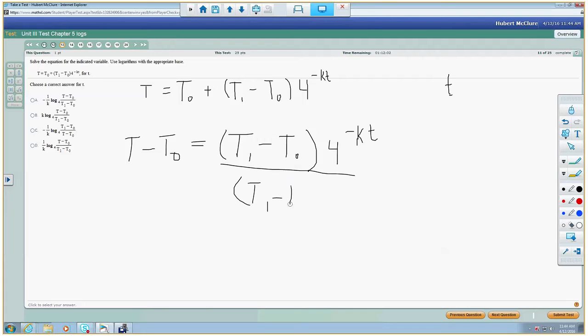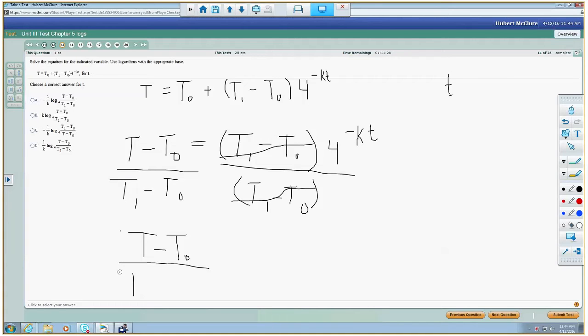Why am I doing this? I'm getting rid of what I don't need. So now we've got T minus T sub o over T sub 1 minus T sub o is equal to 4 to the negative kt power.